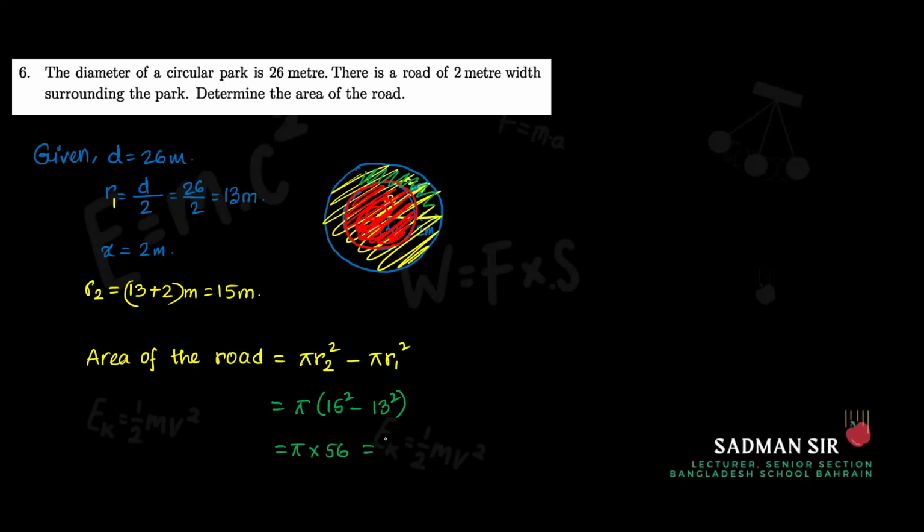So pi into 56, kindly do the calculation in the calculator and let me know the answer. 175.92. 175.92, it is area, so it will be in meter square.